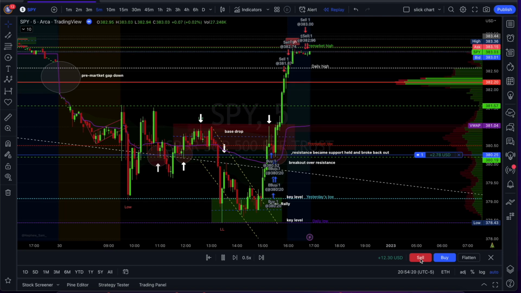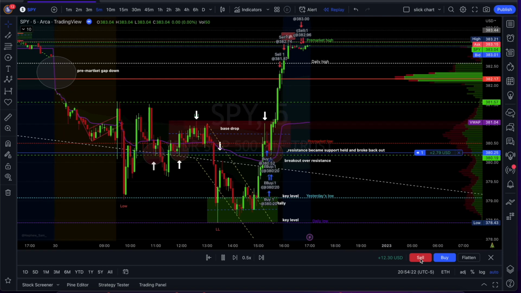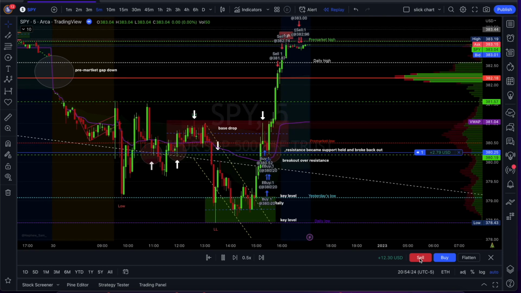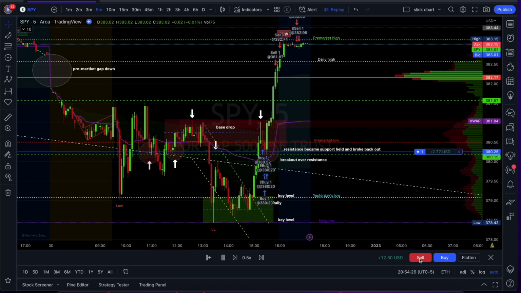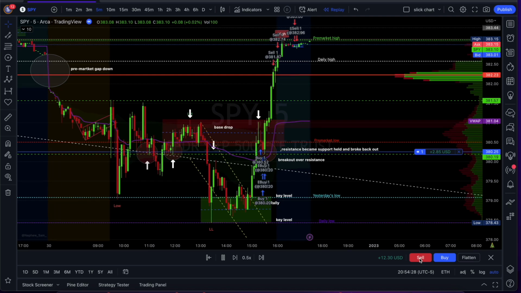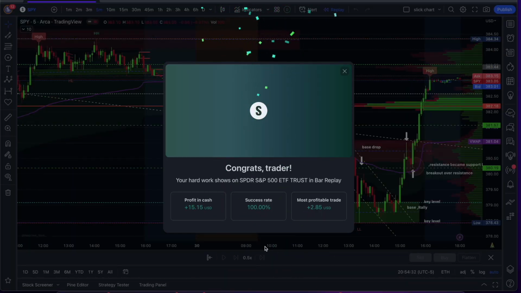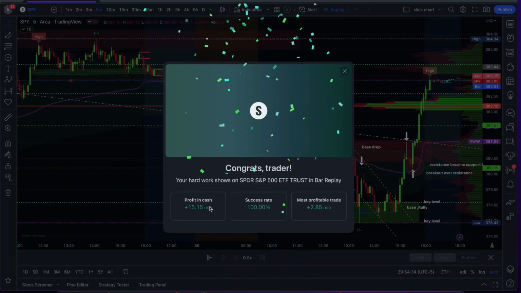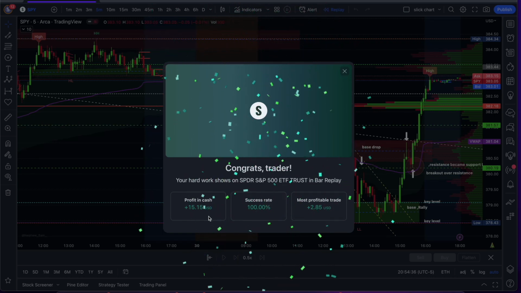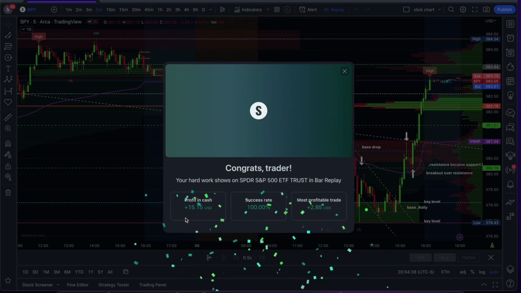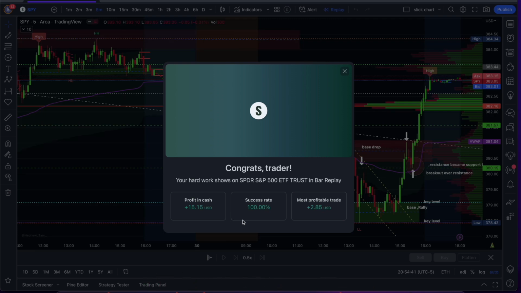Mind you, this is the S&P 500, so you still could trade this up to 15 minutes after market close. And I'm completely out. As you can see, 100% success rate, $15 profit. Obviously, if these were options, it would have been probably hundreds or thousands of dollars.